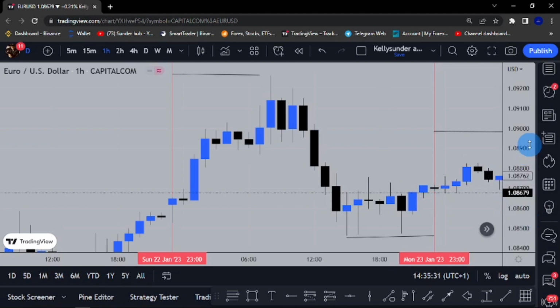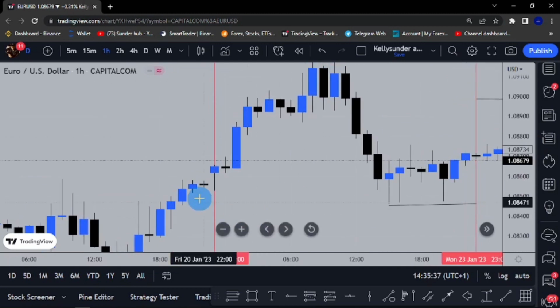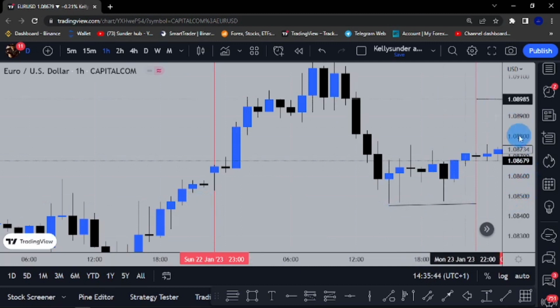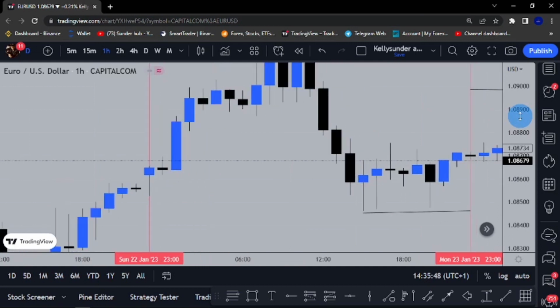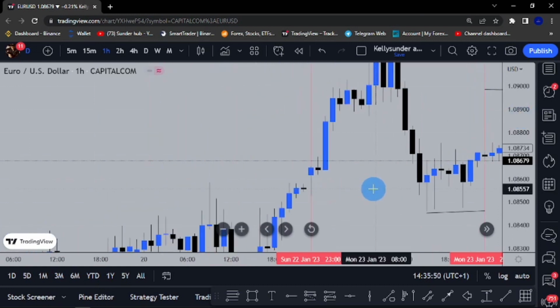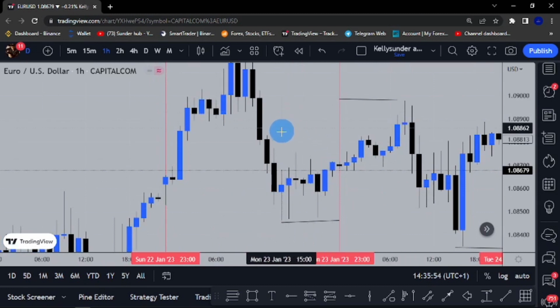But looking at the 1 hour time frame, you will see that price went for these lows right here. Once price went for these lows, I probably would have tried taking buys from this low, targeting this fair value gap right here, which price actually filled successfully.